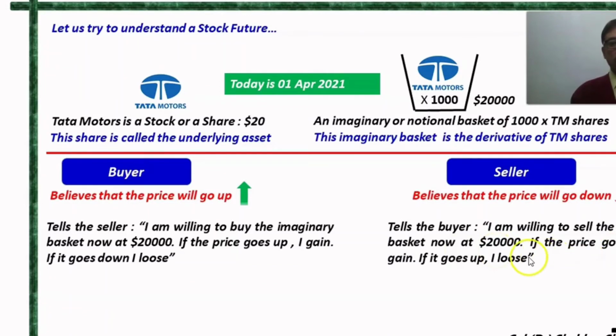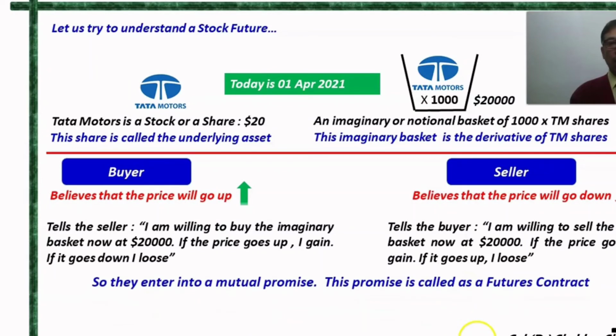If the price goes down in future, then I gain, and if it goes up, then unfortunately I lose. Alright? So now both of them enter into a mutual promise. The buyer is promising this to the seller, and the seller is promising this to the buyer. And this promise is called a futures contract.